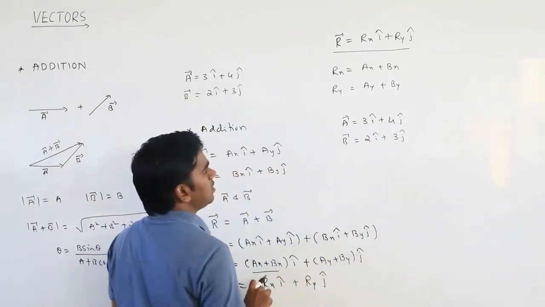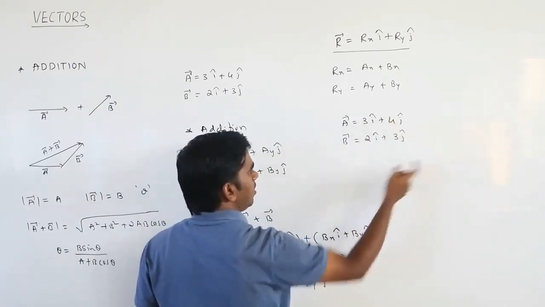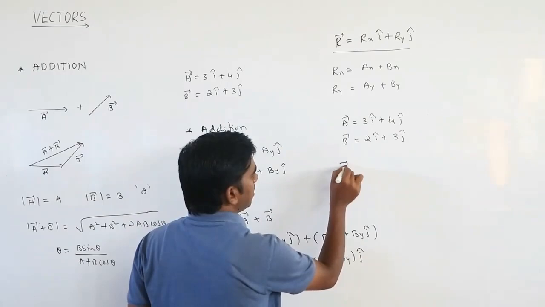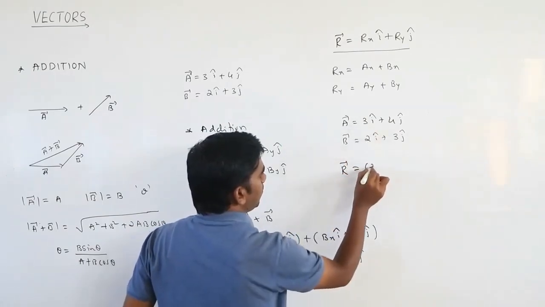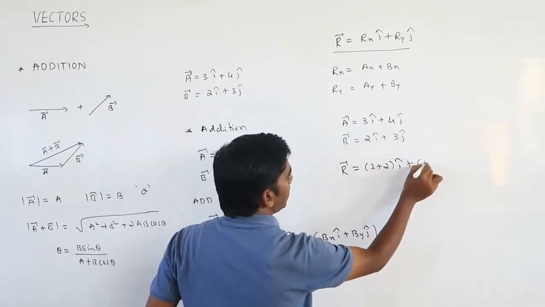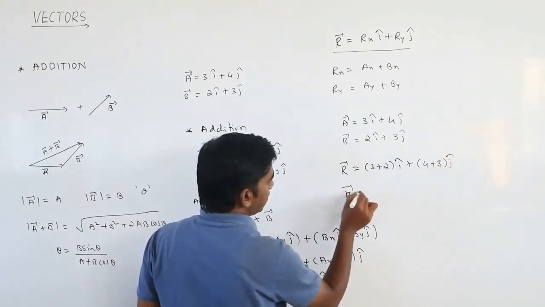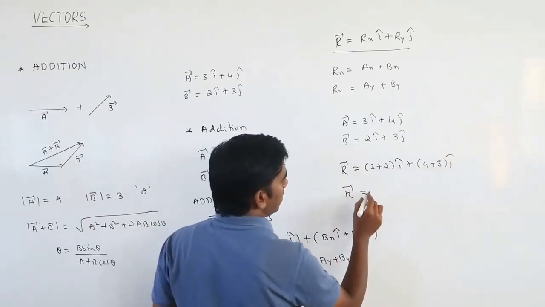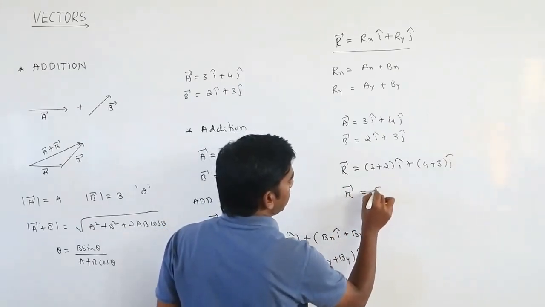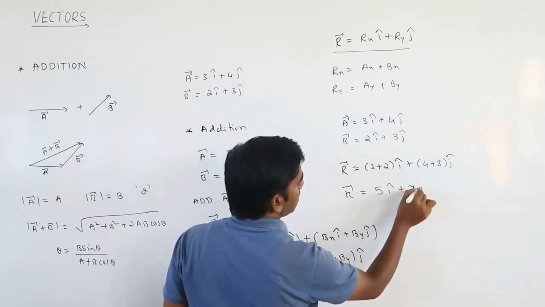I can add their components and write i cap, add their components and write j cap. So the resultant is (3 plus 2) i cap plus (4 plus 3) j cap. The resultant of those two vectors is 5 i cap plus 7 j cap.